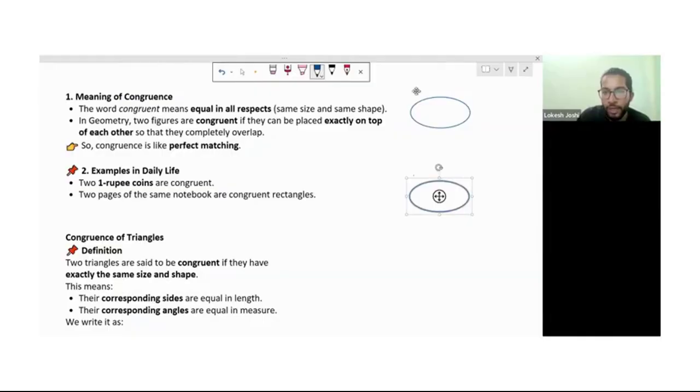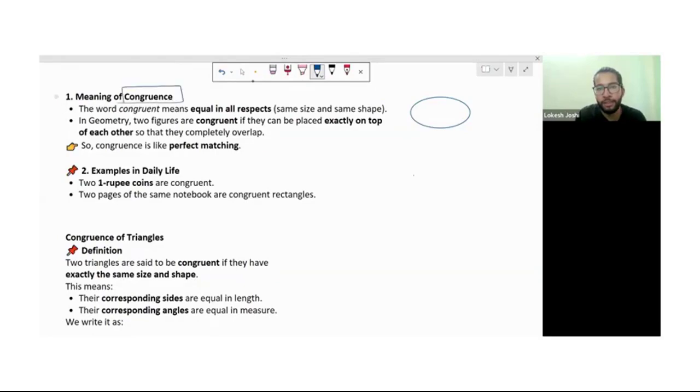If I place this figure over the other, it will overlap completely. So in such cases, when two geometrical figures are exactly the same, we use the word congruence.